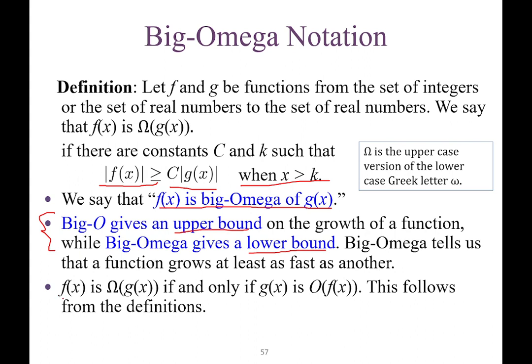So if f of x is big omega of g of x, which means f of x dominates g of x, f of x grows faster, g of x grows slower. And we have a very strong condition: if and only if g of x is big O of f of x, which means f of x dominates g of x.